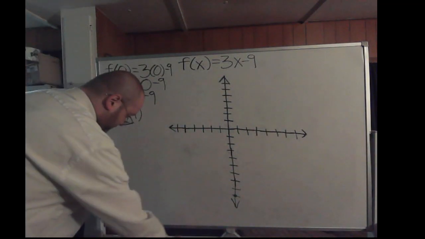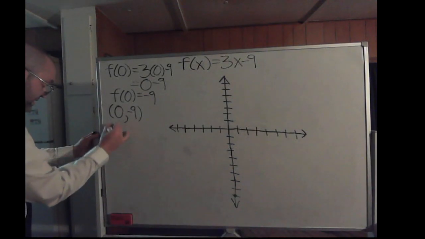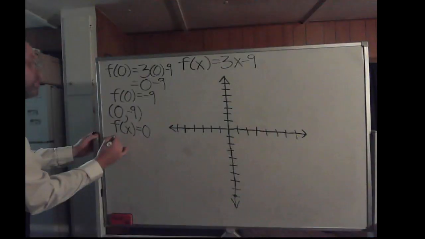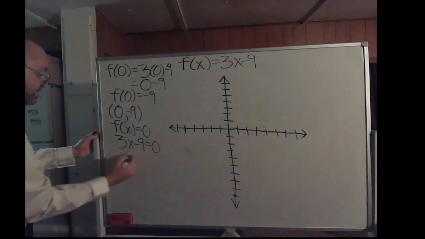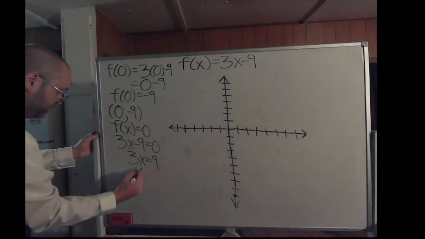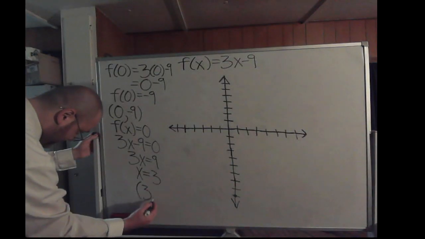Then you want to find the x-intercept by setting the function itself equal to 0. So f of x equal to 0, which would have to mean 3x minus 9 equals 0. So 3x would equal 9. So x would equal 3. So you get the point 3, 0.